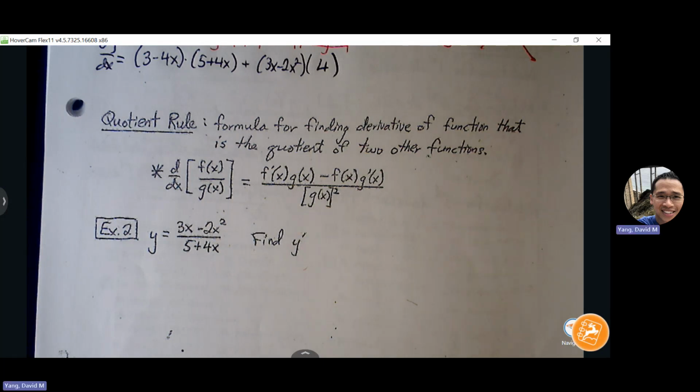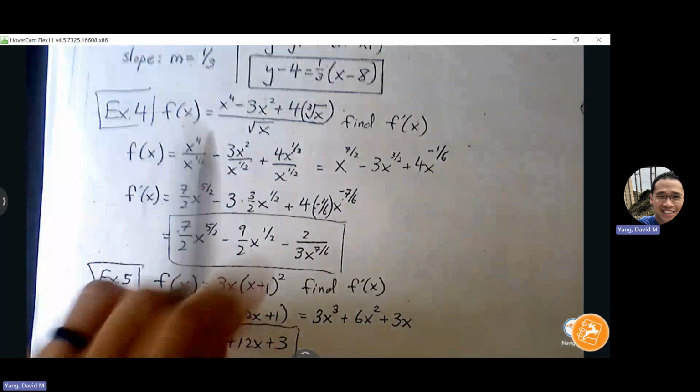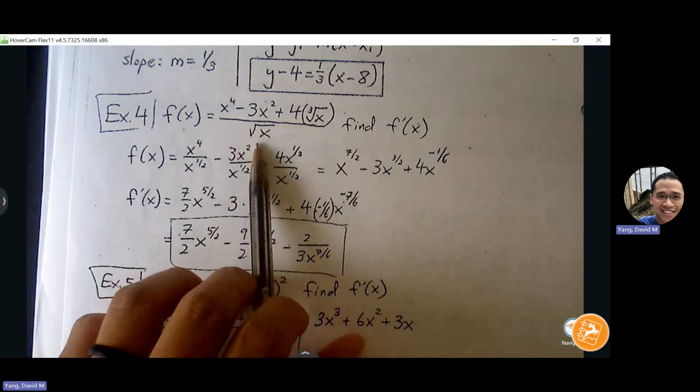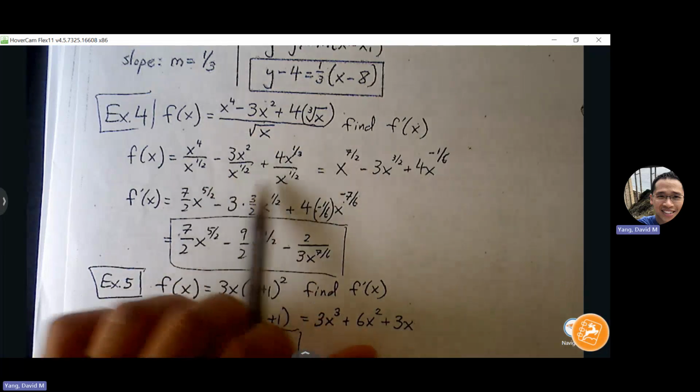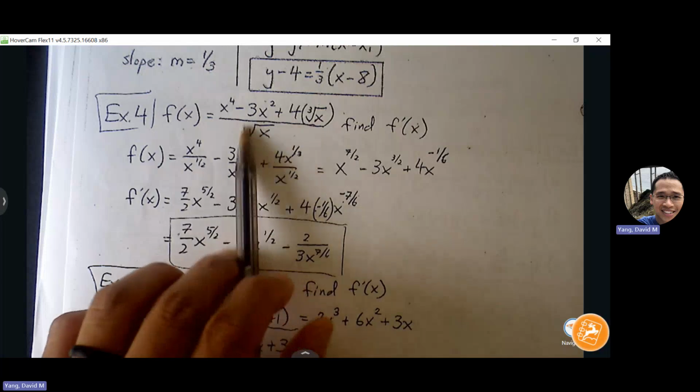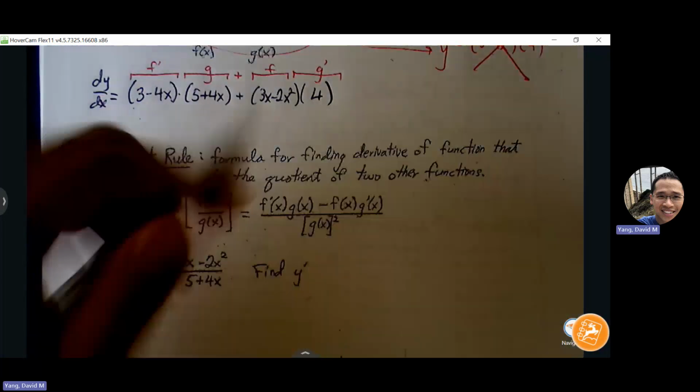Much like with power rule, where I said that denominator is getting in the way, so let's split it up into individual fractions and then clean up. That we can do if there's only one single term sitting below. But if there's more than one term, we're kind of stuck.